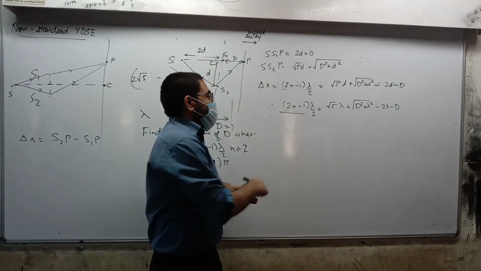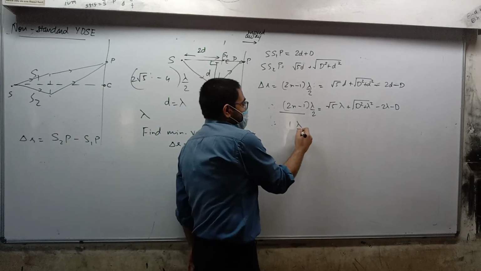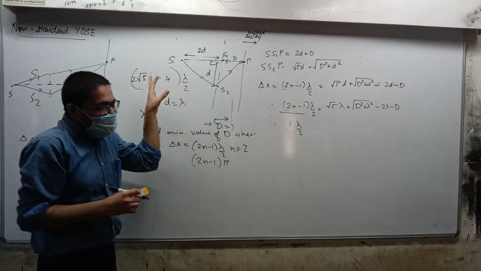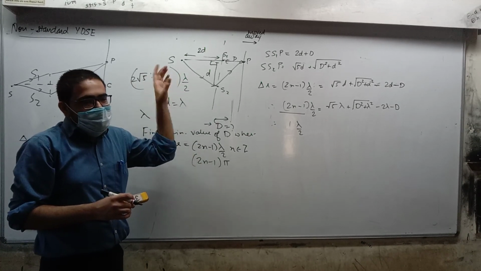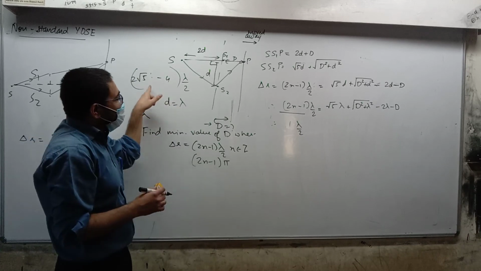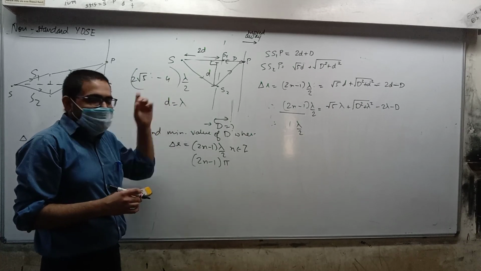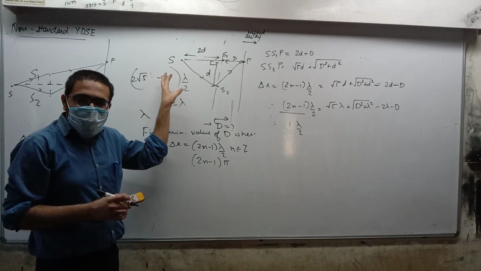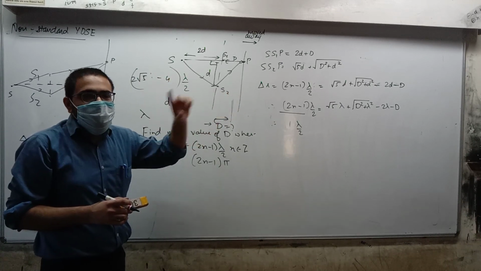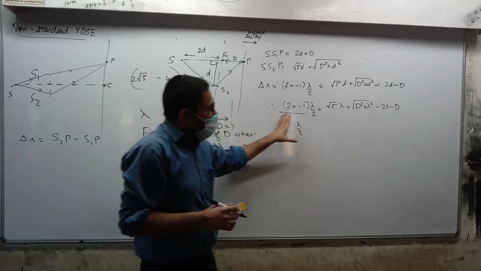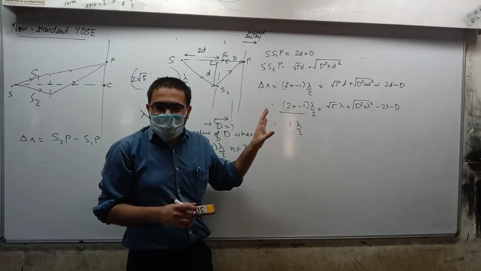So here it looks like the value should be 1. Same 1, because what is the next odd integer after the value here? 1. Understood? Because this is less than 1. Suppose 1.5 had come here, then 3 would come. Got it? Because we are looking for the minimum. So that's how you have to set it.